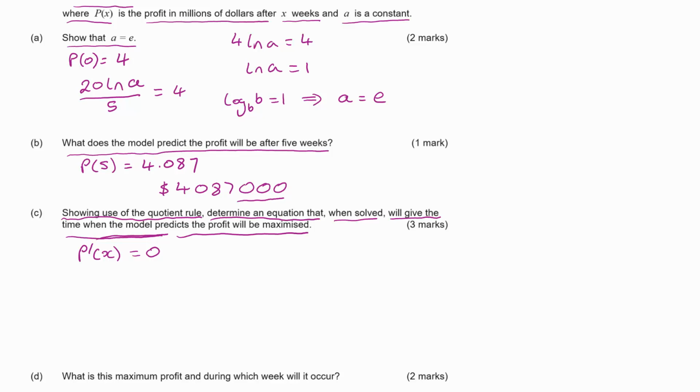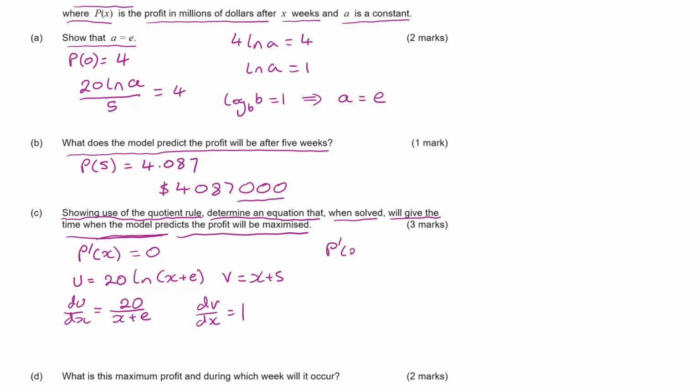Now, U is going to be 20 log X plus E. V is going to be X plus 5. So du dx is going to be 20 over X plus E, and dv dx is just going to be 1.